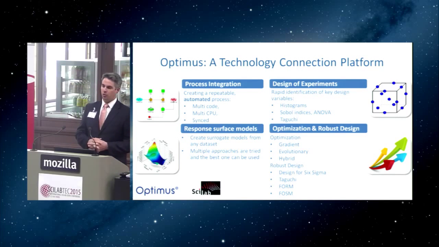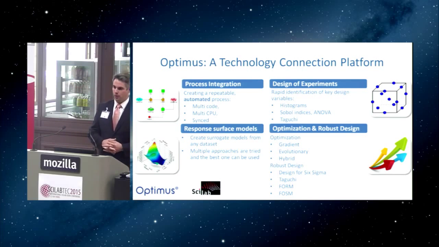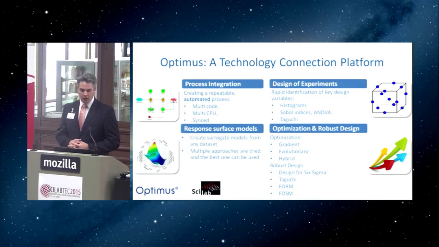We have a number of customers that use Optimus to connect their internal software with out-of-the-box or commercial software that they also have on a common platform across different groups, and even more frequently across different regions.